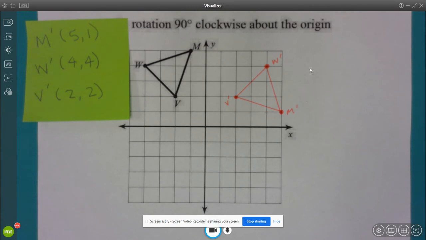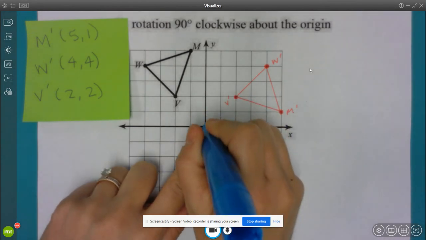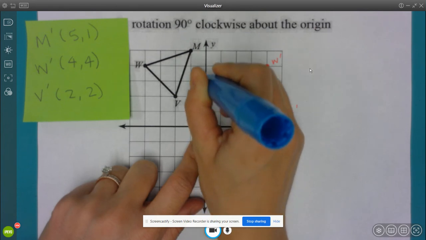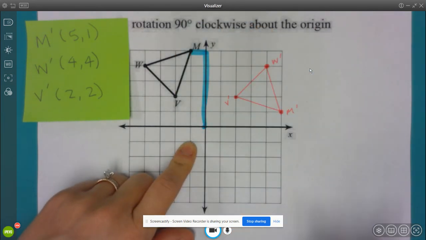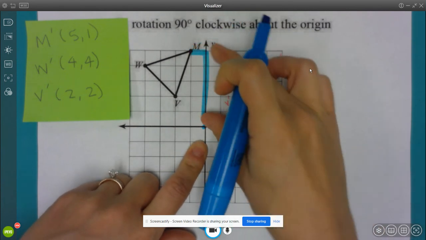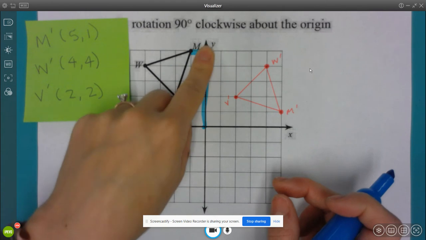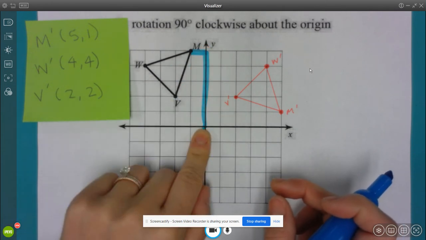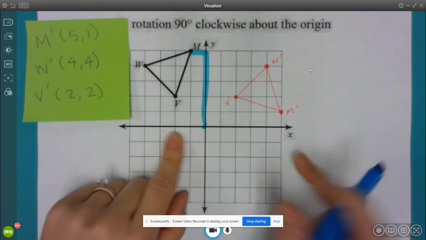So I'm going to use M as my example. So for M, starting from the origin, I'm going to go up 5 and over 1. Since this is just a quarter turn, this up motion, my vertical motion will become horizontal, and my horizontal will become vertical.